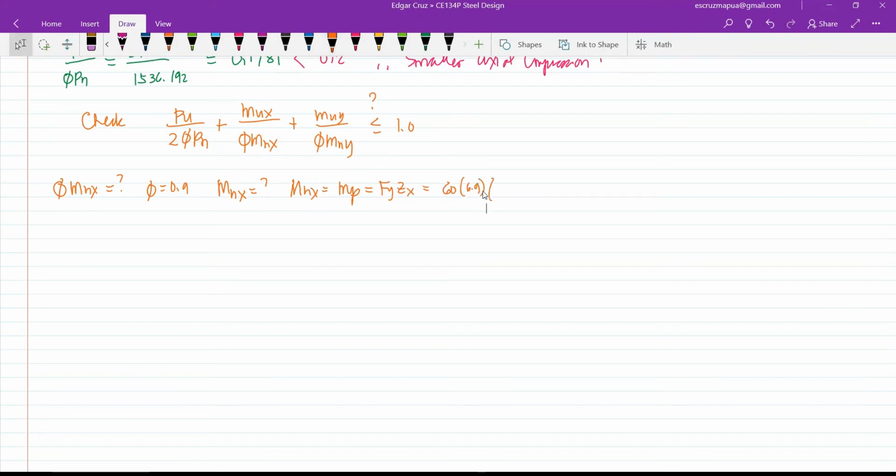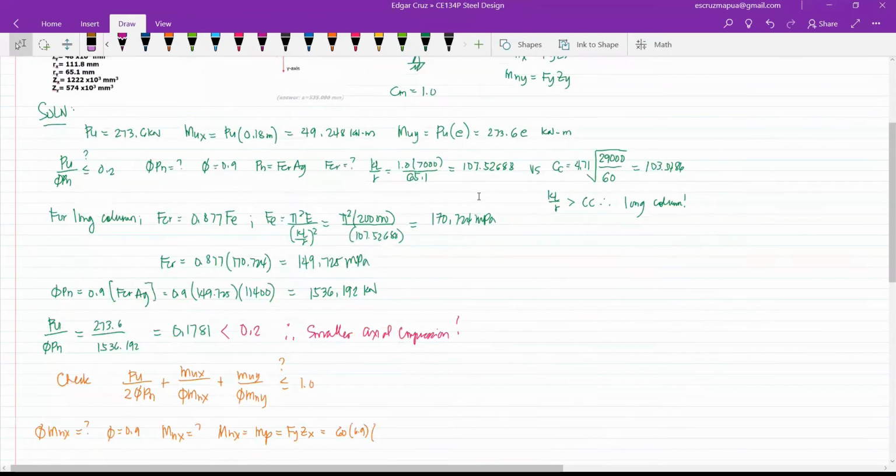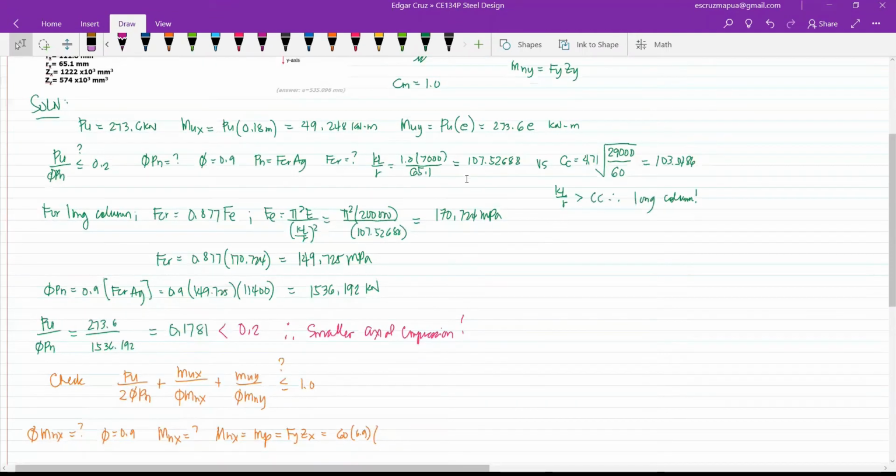Yung ZX is the section property, that is 1222 times 10 to the 3 millimeter cube. So sa calculator nyo, ang lalabas dyan would be Newton millimeter.